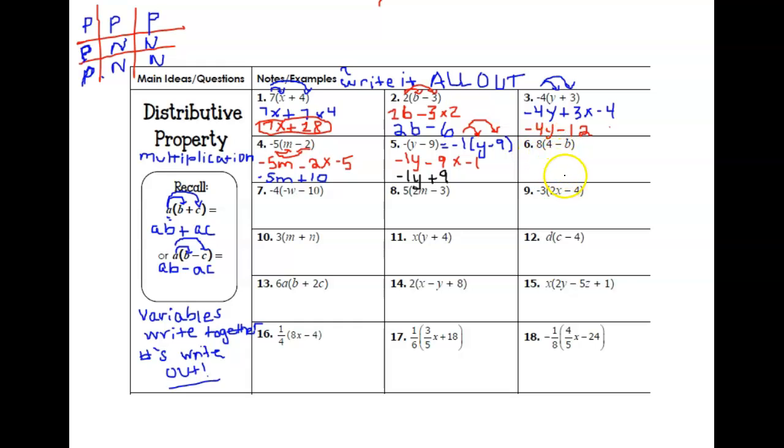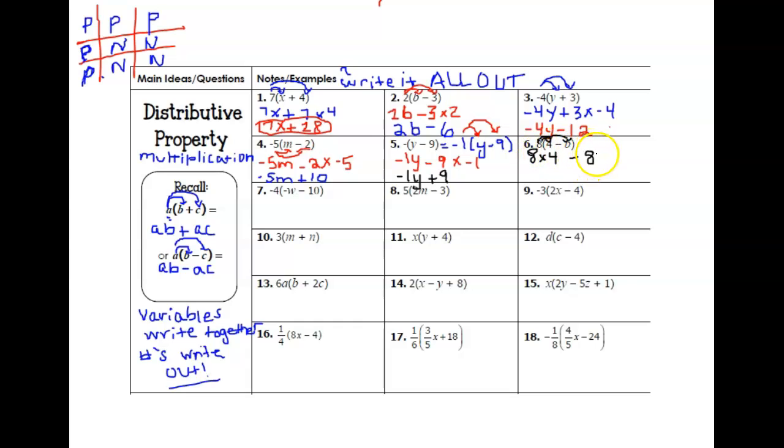All right, now let's go to the next one. I see an 8 outside of the quantity 4 minus b. That tells me I need to distribute. So let's distribute that 8 in. And I know when I see numbers, I write them out. So this is going to be 8 times 4 minus, I see letters, I write it together, or variables.